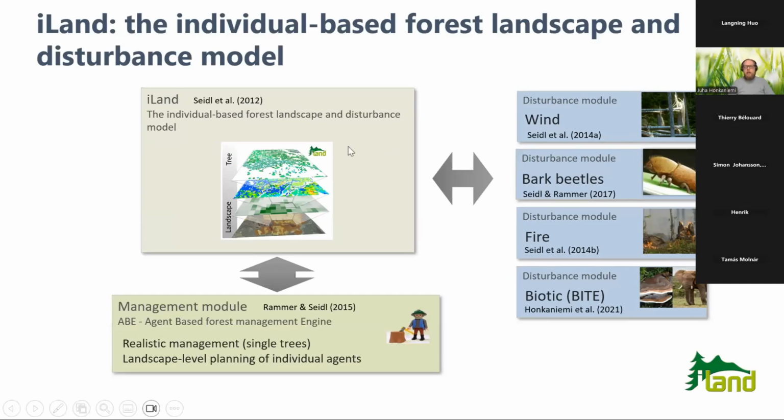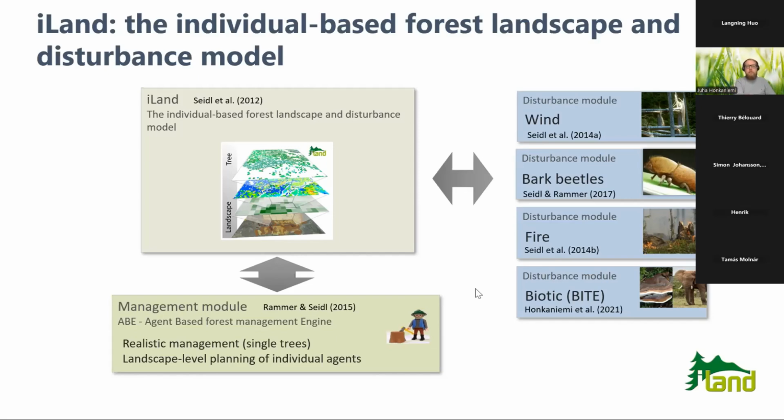In addition, there is a management module, which, as we start from single trees and know the location of each and every tree in a roughly 30 to 40,000 hectare landscape, we can realistically simulate management starting from single tree harvests to clear cuts.